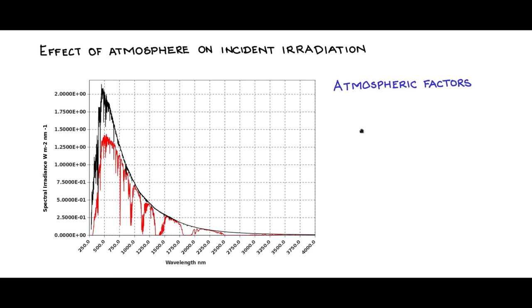There are various atmospheric factors that attenuate or absorb the various components of the spectral irradiance. One of the first and foremost factors is the ozone layer. The top ozone layer absorbs primarily the high frequency components.